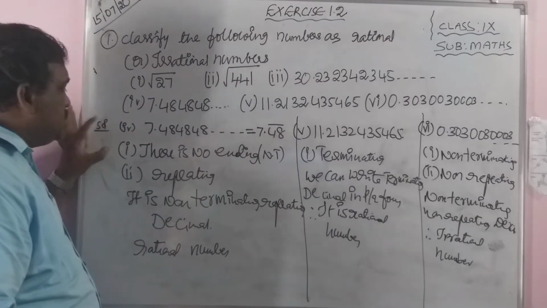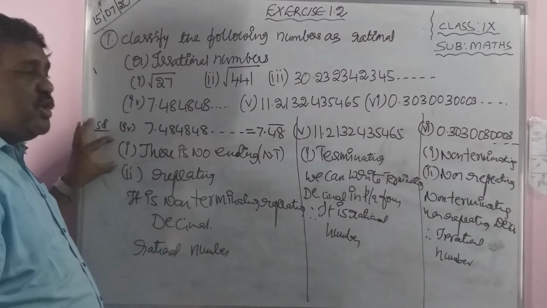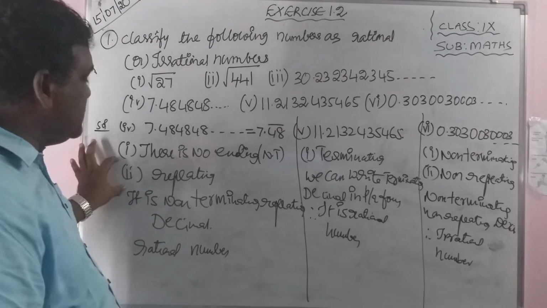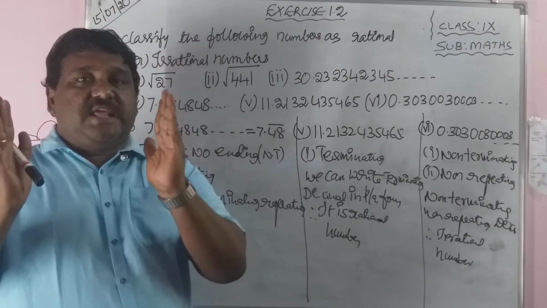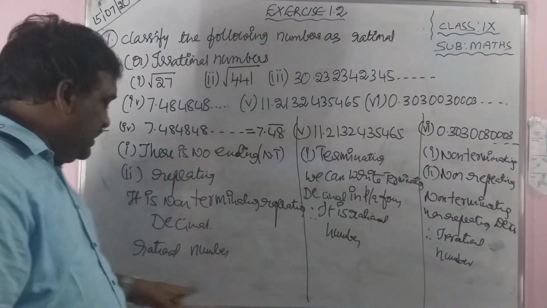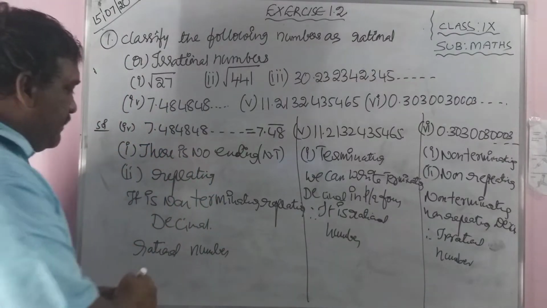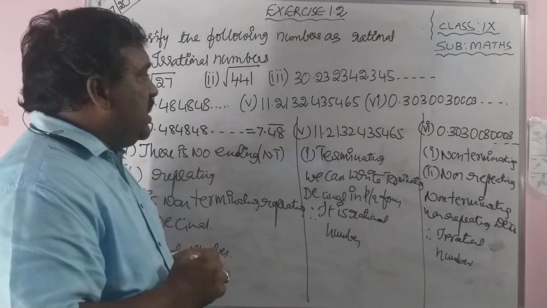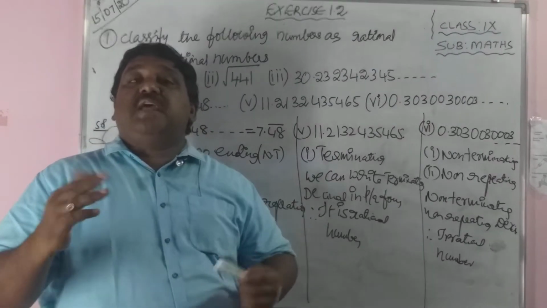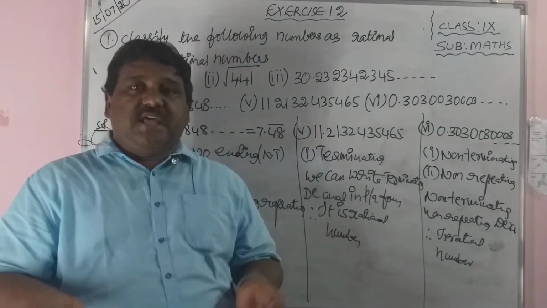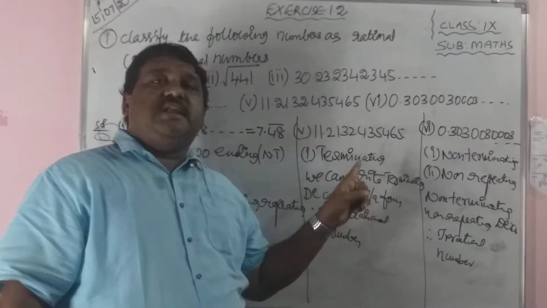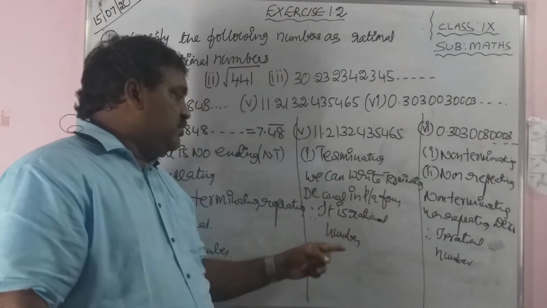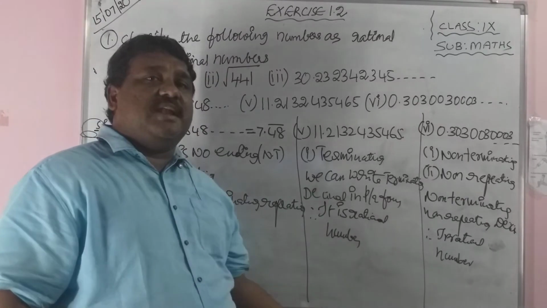Third one: condition 1, there is no ending. Condition 2, there is repeating. Read together, non-terminating repeating decimal is known as a rational number. Then the fifth one: terminating, there is ending. We can write a terminating decimal in the form of P by Q. So it is a rational number.